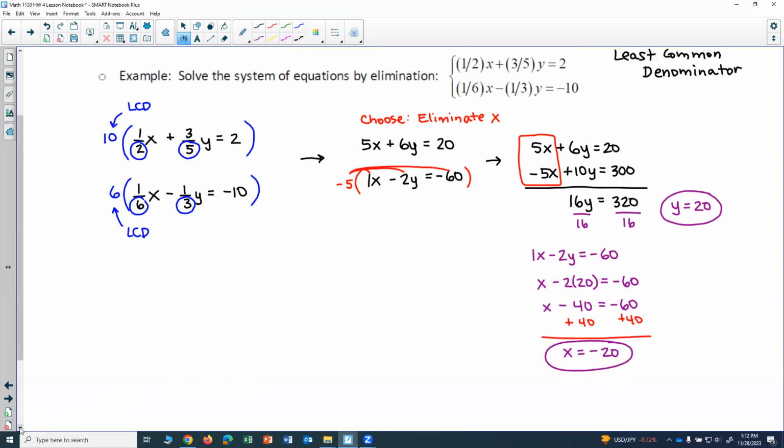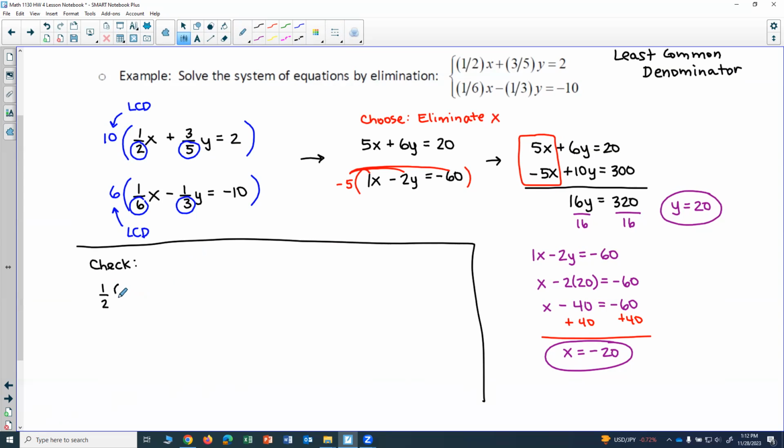Okay, so we've got our solution. The key with checking is that you always want to check in your original equations. So in order to check, I'm going to use the equations that have fractions. So I'll have 1/2 times negative 20 plus 3/5 times positive 20.